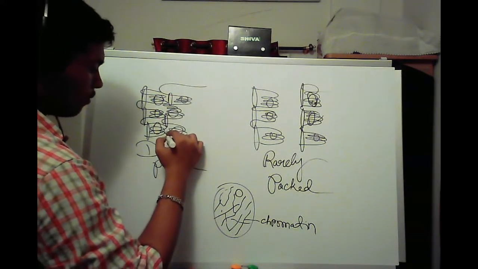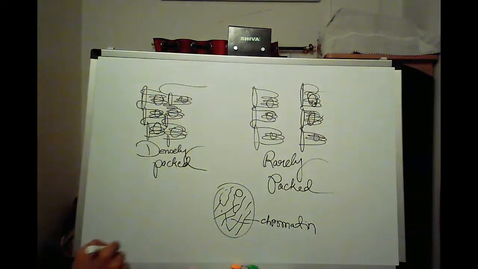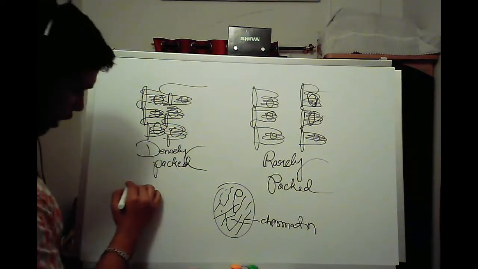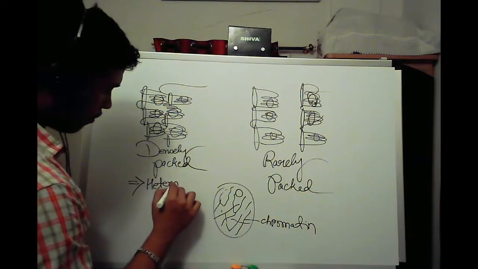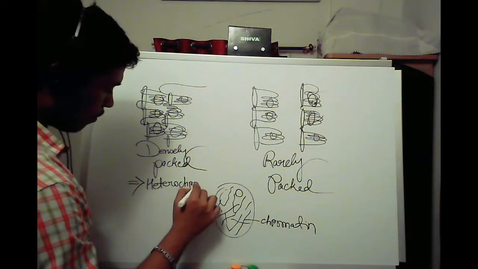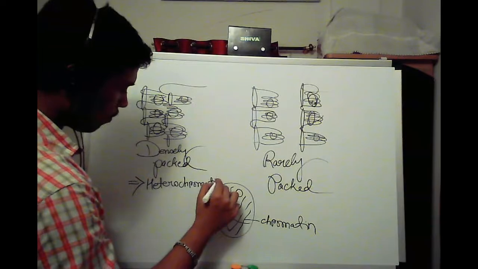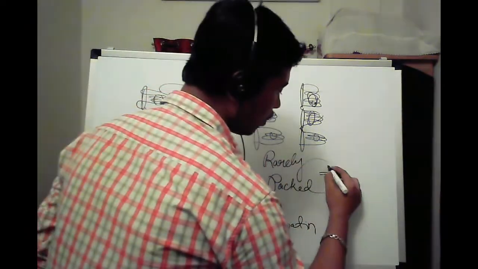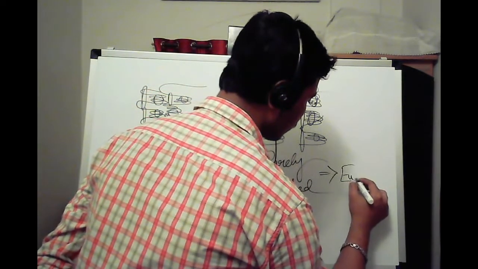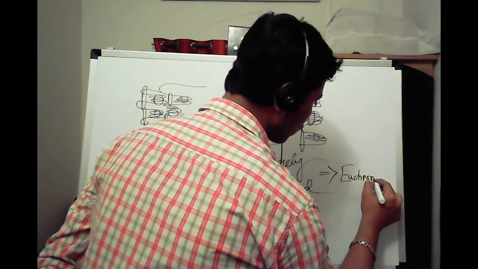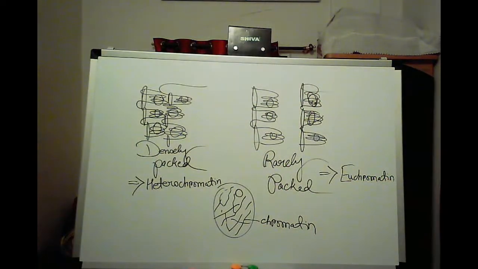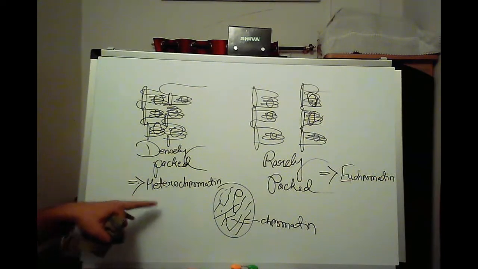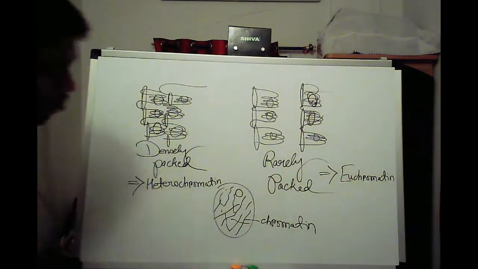Now see, this is densely packed and known as heterochromatin. This is rarely packed and known as euchromatin.